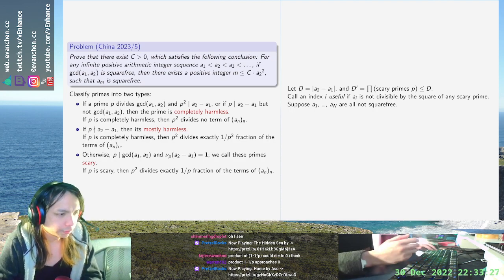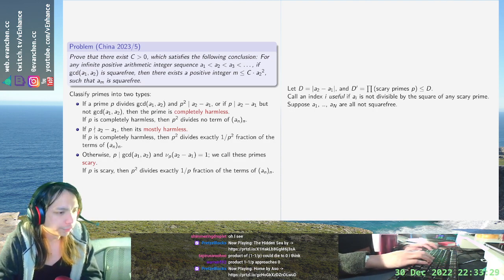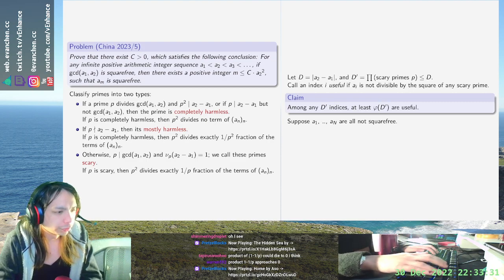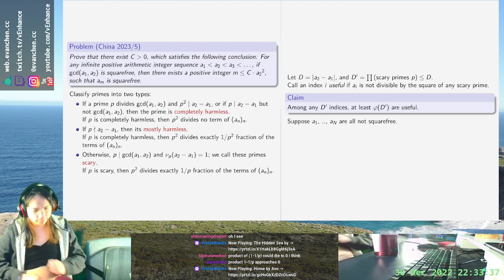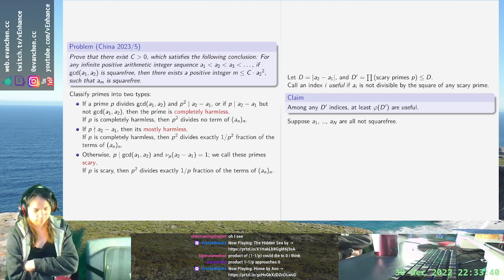And that's obvious. So if this is true, then there are many, but they're not evenly distributed. That's the problem.